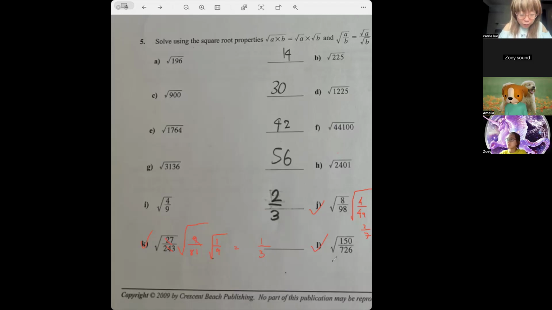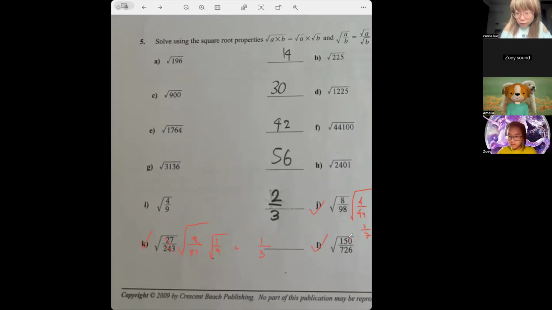Okay, so next one, 150 over 726. Okay, so simplify it, right?